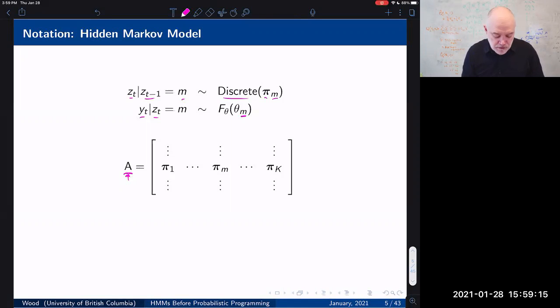Okay. And you can collect all of these conditional distributions into a matrix A, and you can relate this to the Markov model we were talking about before, because if you take A transpose and multiply it by some k-length state vector, you get a stochastic transition. It's exactly the Markov model we were talking about last lecture, right?